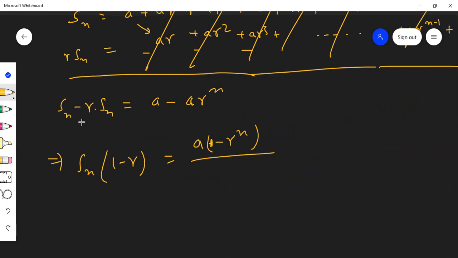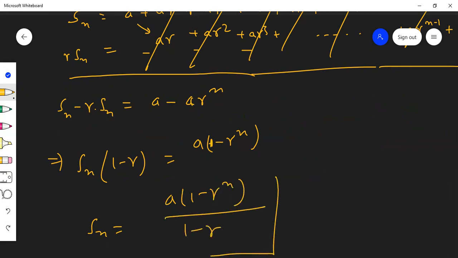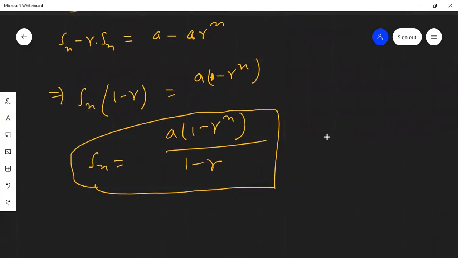So Sn(1 - r) = a(1 - r^n). Now Sn will be a(1 - r^n) divided by (1 - r). That's what they asked us to prove, the very first part.